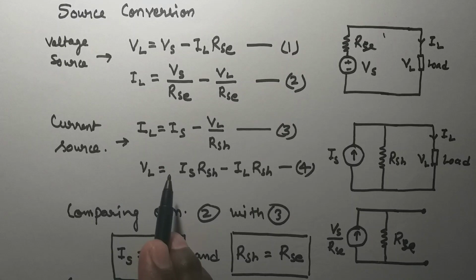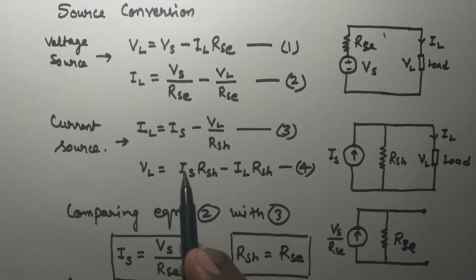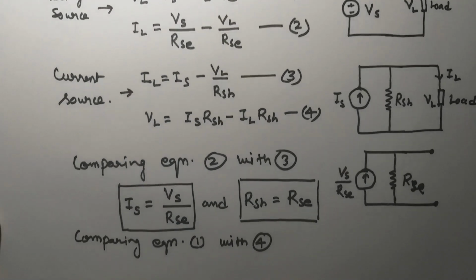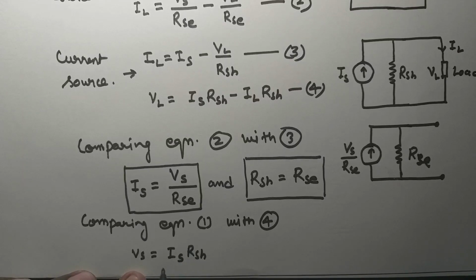So we are comparing this 4 with 1. So we will get Vs will be equal to, so here we can write Vs as Is into Rsh. This is Vs of the equivalent voltage source.